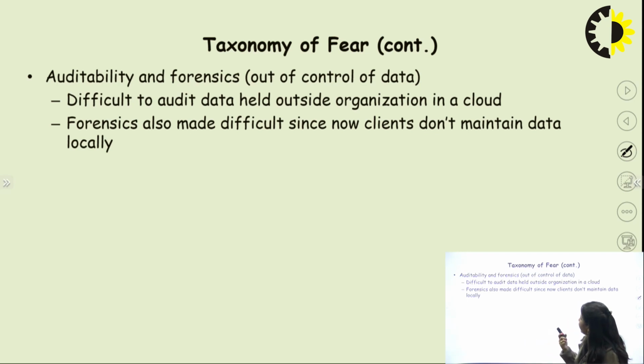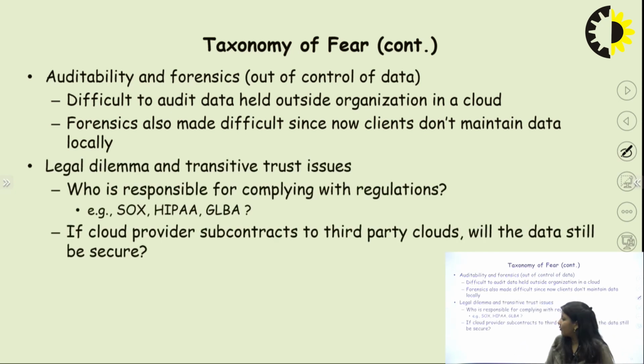Forensics is also made difficult since now the client doesn't maintain the data locally. Forensics means investigation, or cloud data monitoring or performance monitoring. It's also very difficult because the client is remote, data is at a remote location, and the client is going to be accessed from remote locations. So forensics is also facing the same problem.